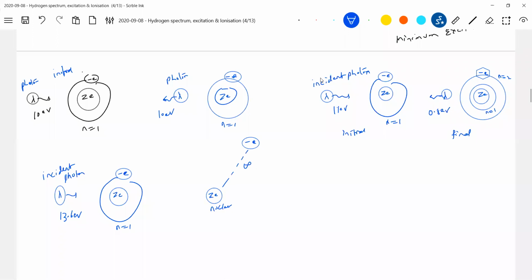So what shall I say now? It got ionized. Earlier this was a hydrogen atom, now what should you call it? A hydrogen ion.